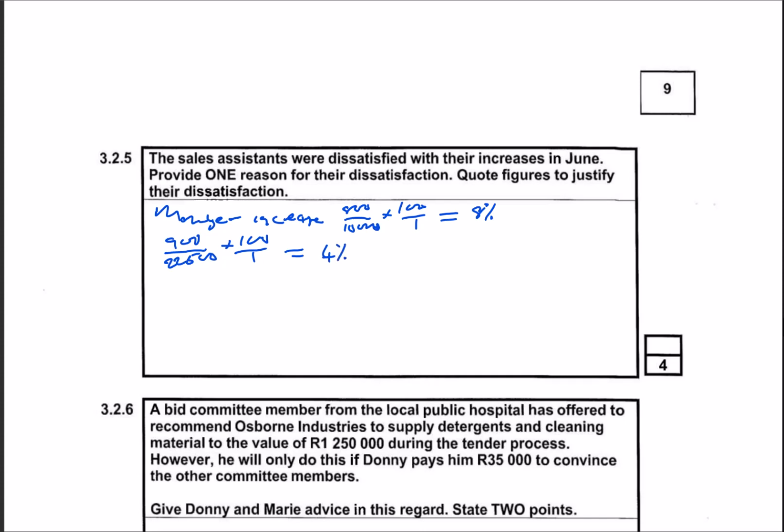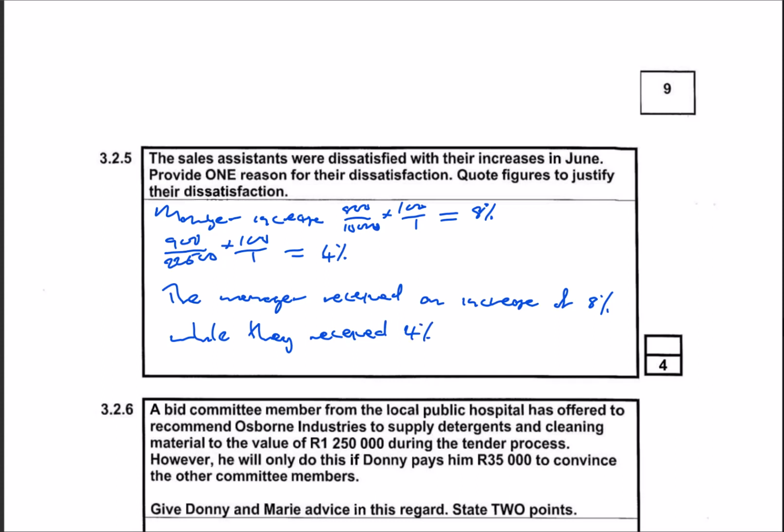So the question says, sales assistants to decide the increase in June, provide one reason, right? Because the manager received an increase of 8%, while they received 4%.